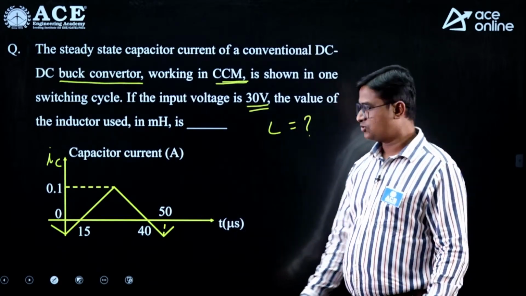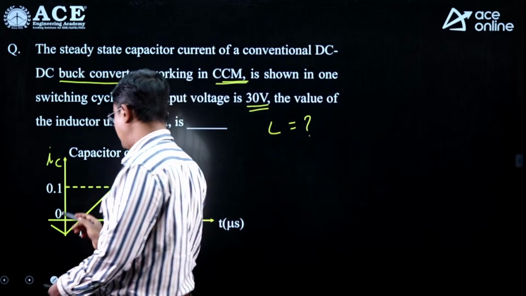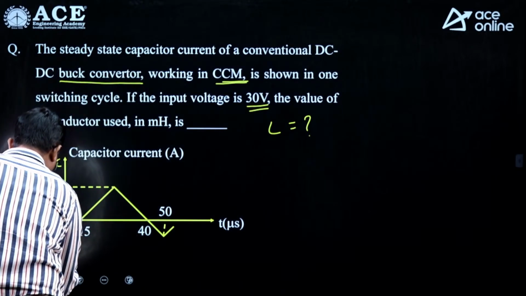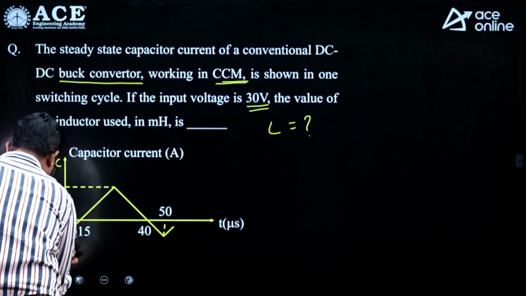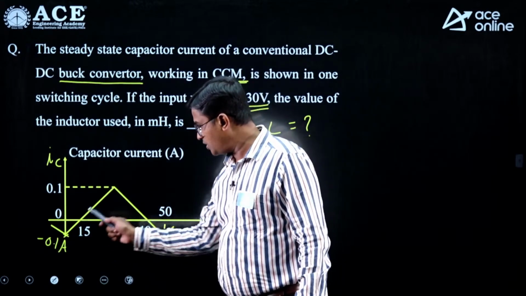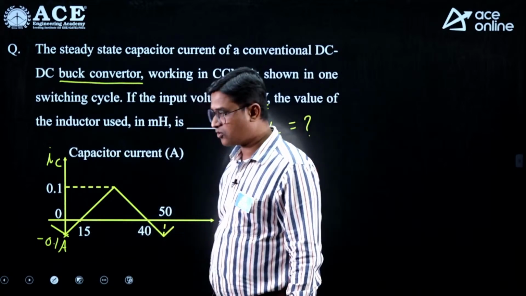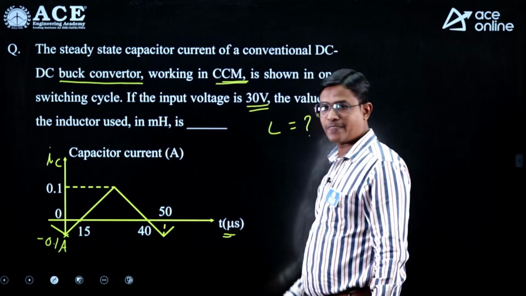Yeah, there is some typo in this plot. Actually here it should be minus 0.1 ampere. Capacitor current is changing between minus 0.1 to plus 0.1 ampere. Here it is given that 15 microsecond, time is in microsecond, right?